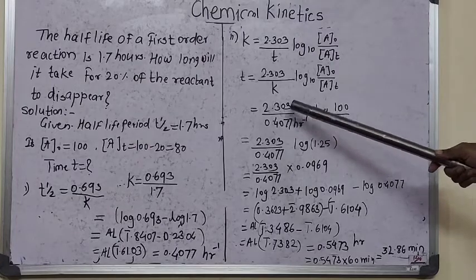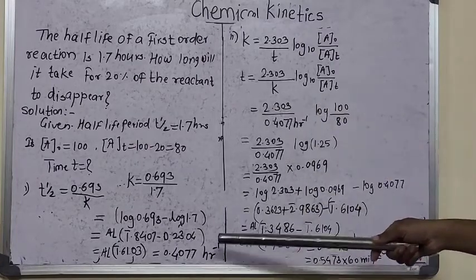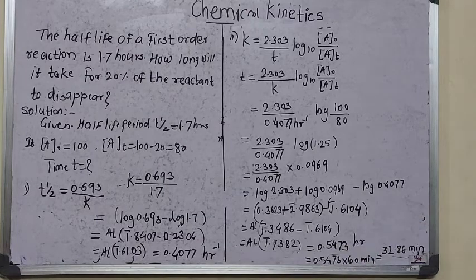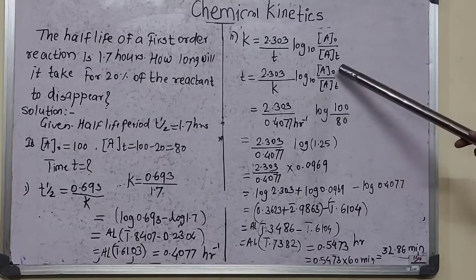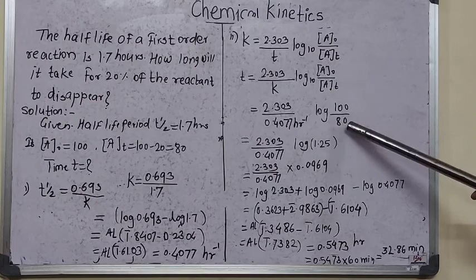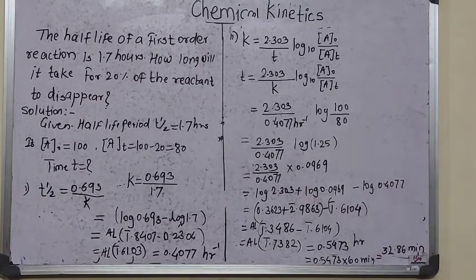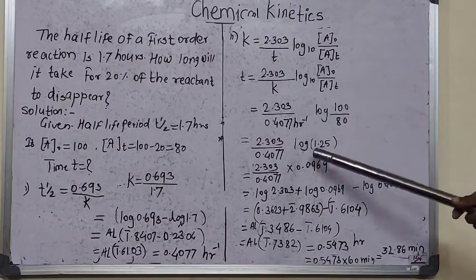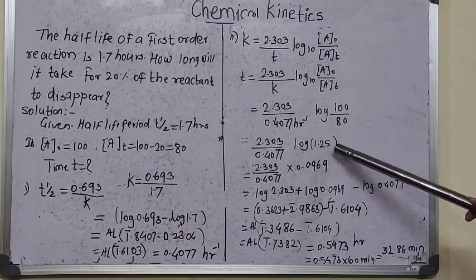Substituting the values calculated from the first part, k is equal to 0.4077 per hour, log of 100 divided by 80, that is 80 concentration. Simplifying this, we are getting the log of 1 upon 1.25.